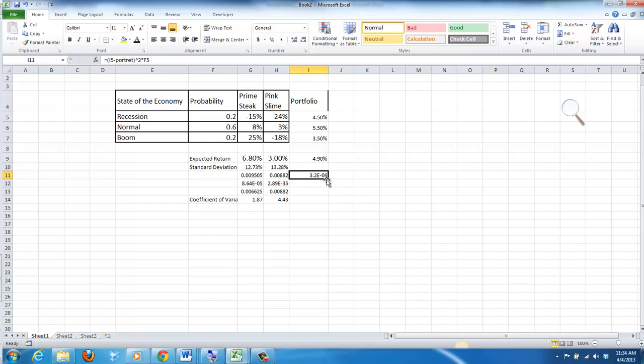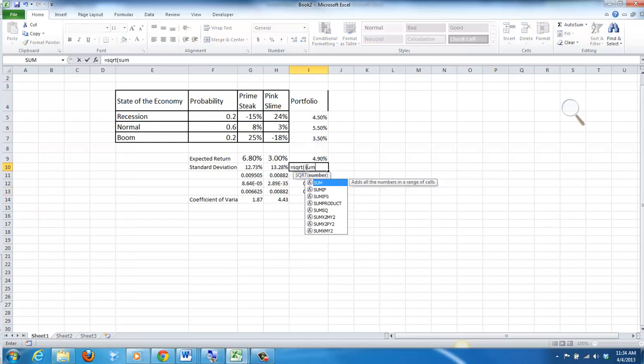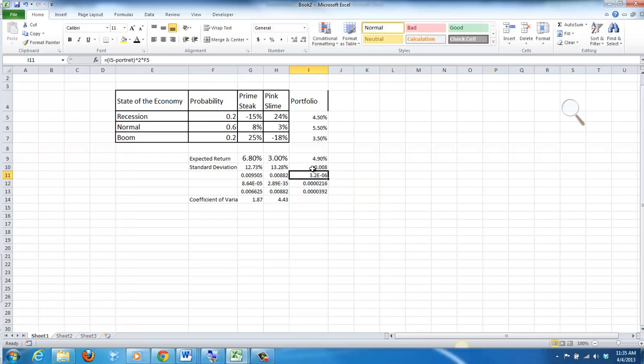Just like I did before, I'm just going to pull this down where it does that calculation for every one of these. And then I take the square root of the sum of the three of them, which gives me 0.008 or 0.8%. And you'll see this is the answer on the answer key.